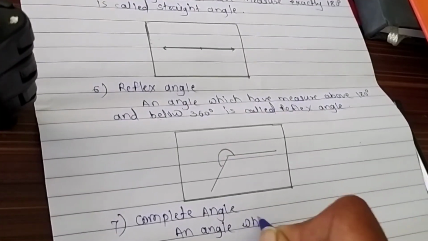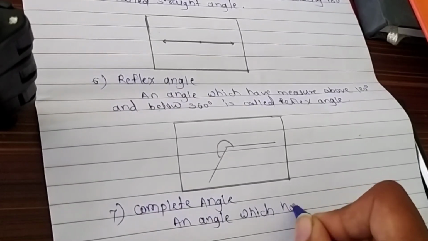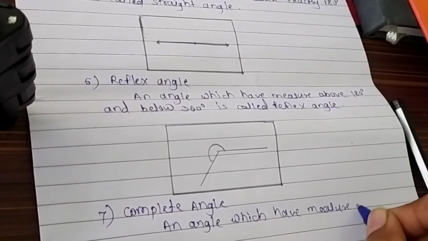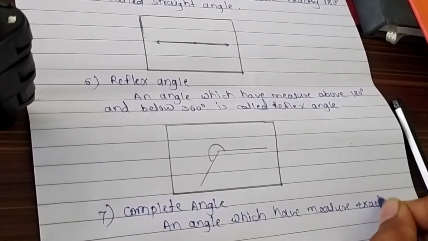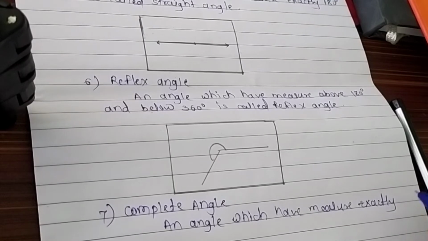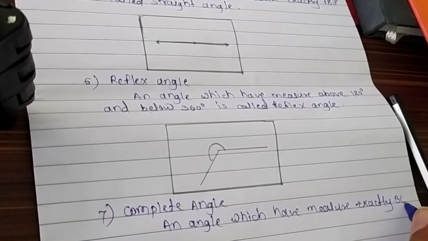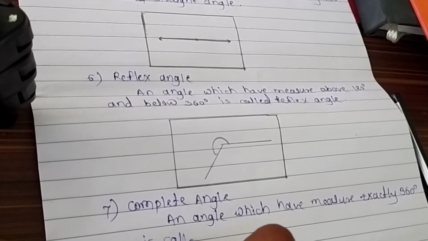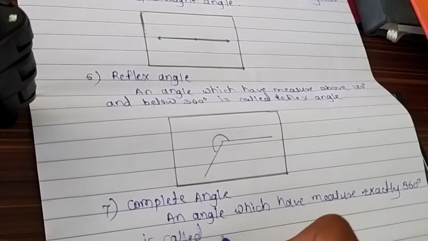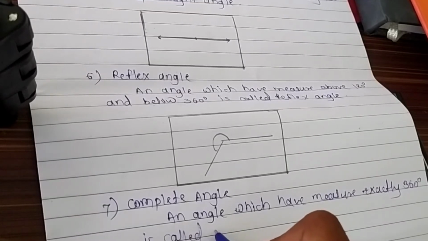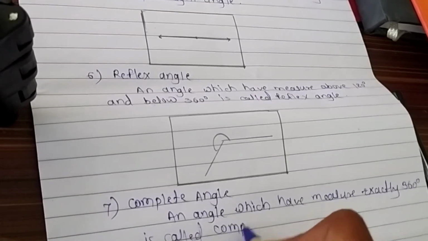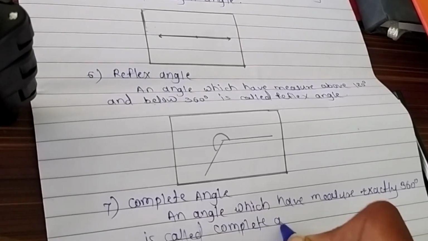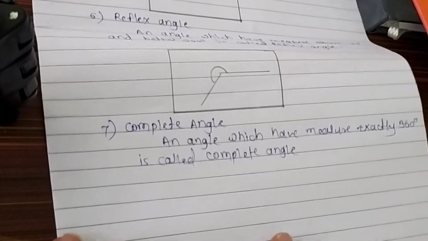An angle which has a measure of exactly 360 degree is called a complete angle. How does it look?